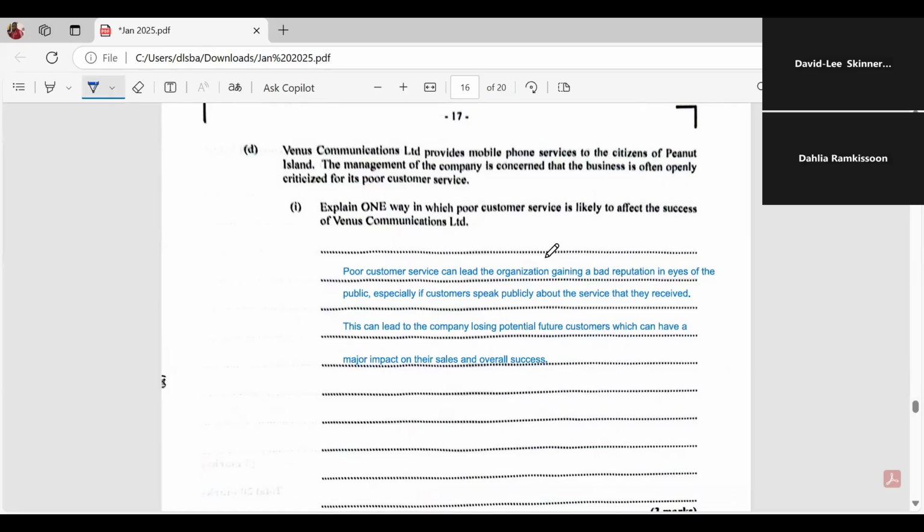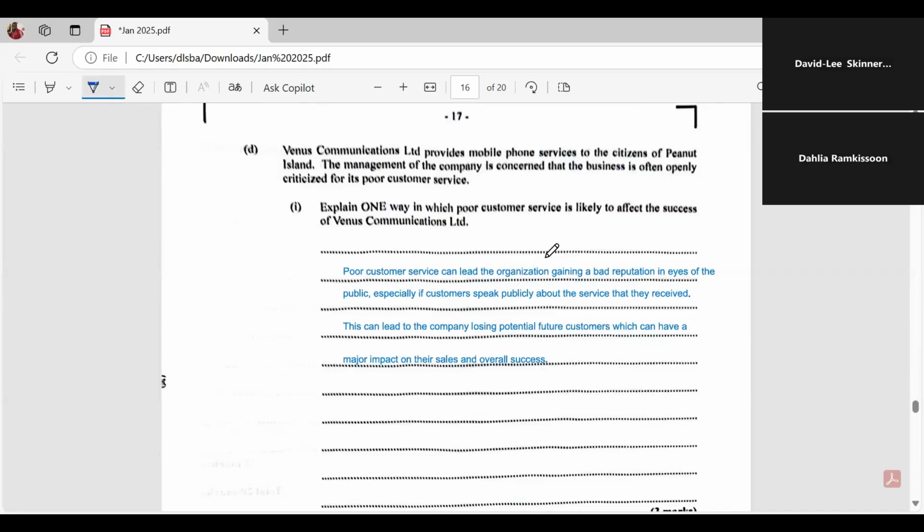If you have poor customer service, it could lead to you getting a bad reputation. And if you have a bad reputation, that means some people who never even bought from you before may not want to buy from you.